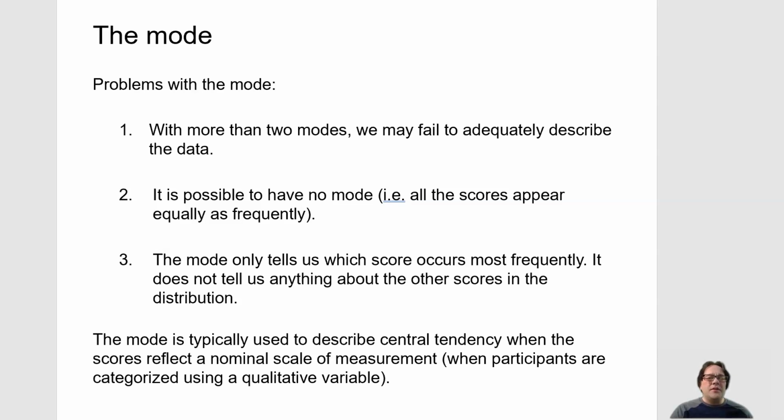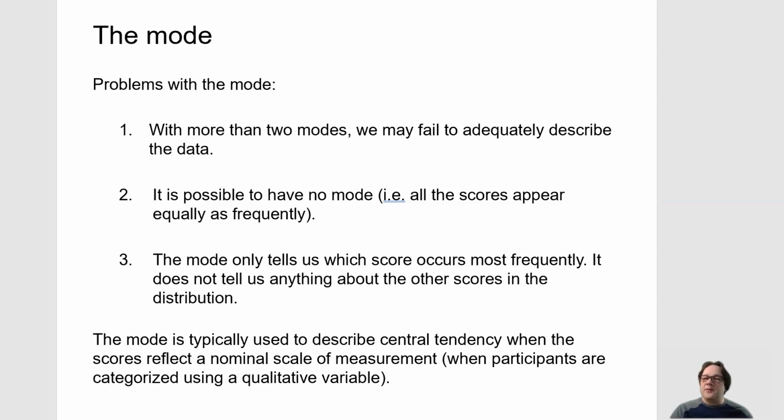The mode is typically used to describe central tendency when the scores reflect a nominal scale of measurement, for example, when participants are categorized using some type of qualitative variable.